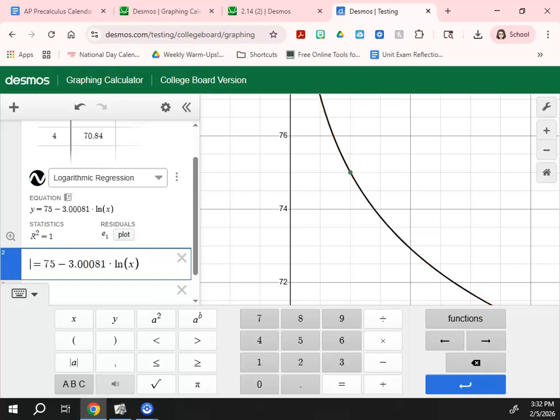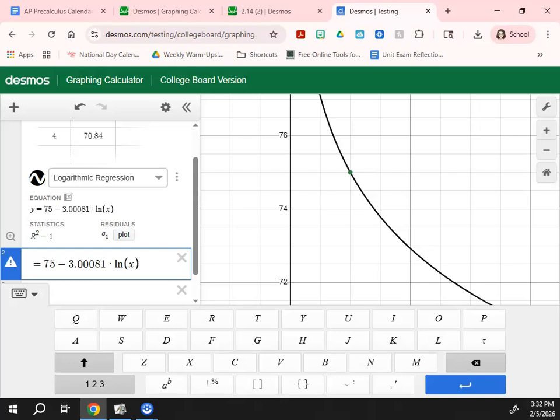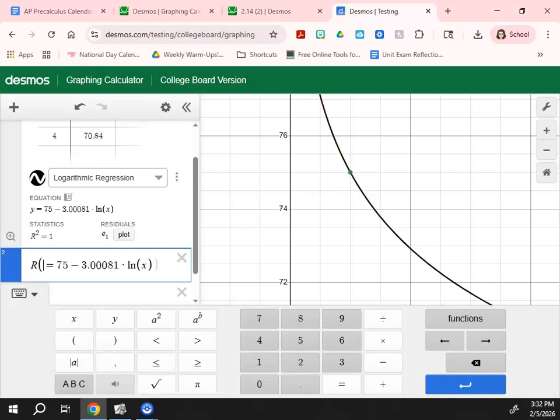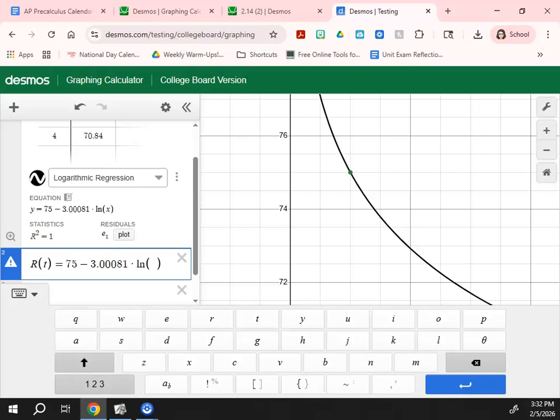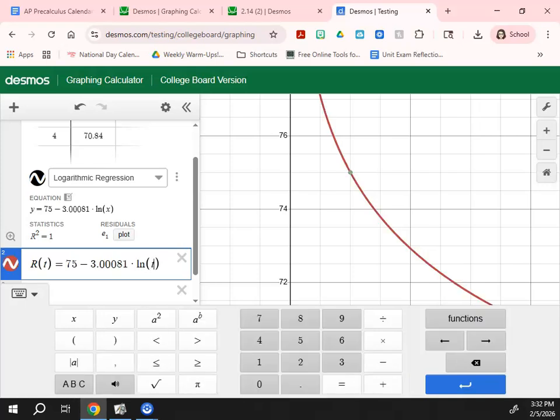So I'm going to back that out. It's going to give me R of t. And then this shouldn't be x, it should be t plus 1. Now I have the correct form and I have my correct A and B.